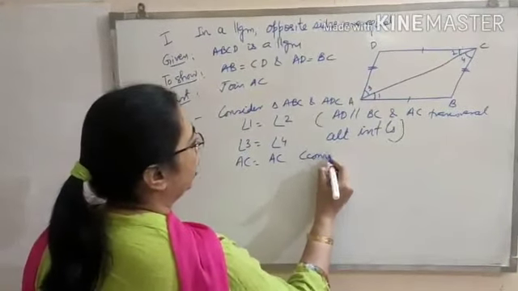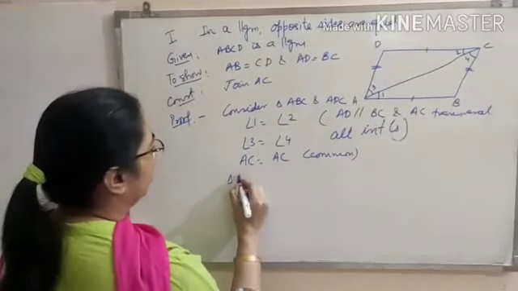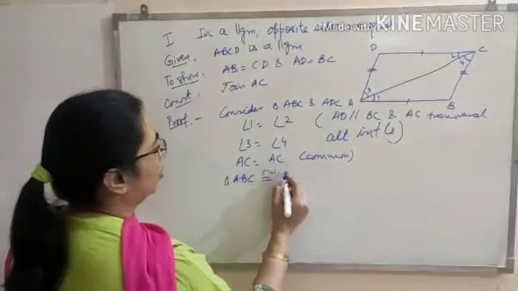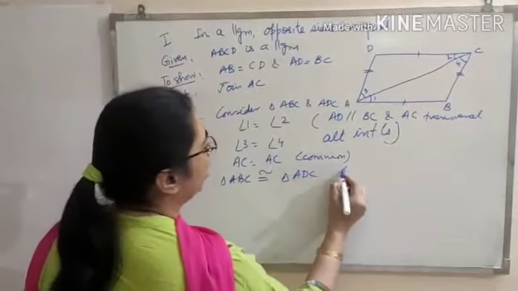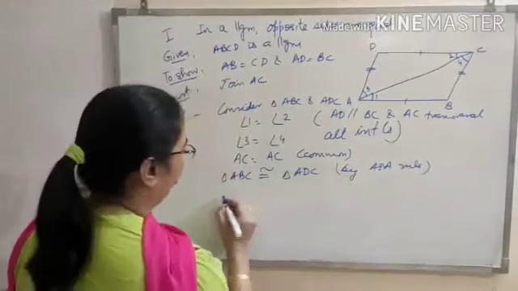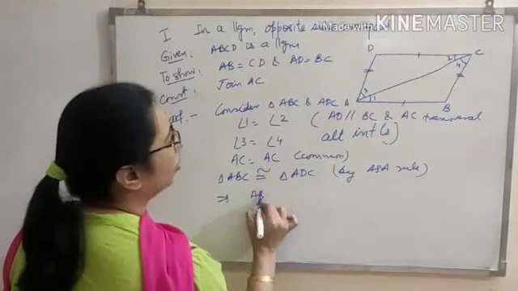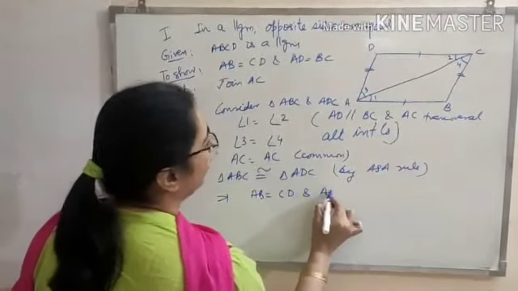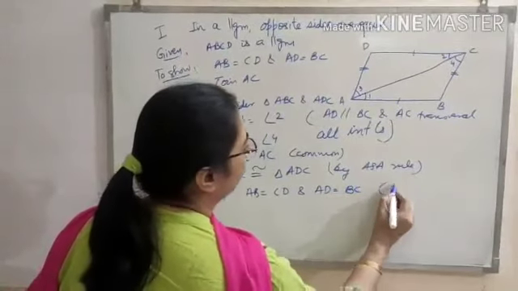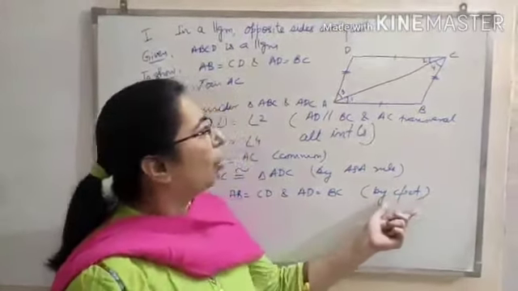So triangle ABC is congruent to triangle ADC by ASA rule. When triangles are congruent, it means AB is equal to CD and AD is equal to BC by CPCT. These are the corresponding parts of congruent triangles.